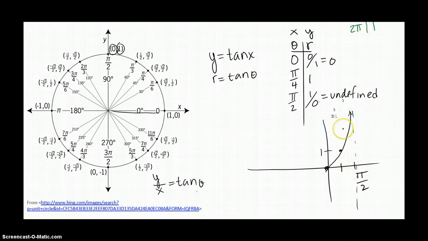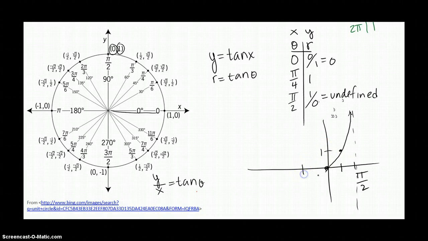And what's going to happen is it's going to look something like that, because it cannot cross that. If you really want to see that, you can look at even some of these values, like 30 or 60 degrees, and you're going to see that it's going to have this sort of shape.